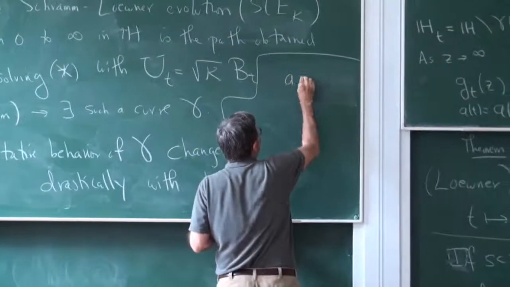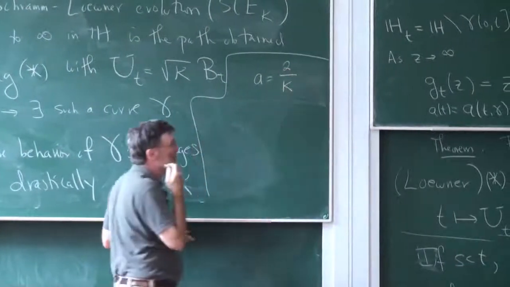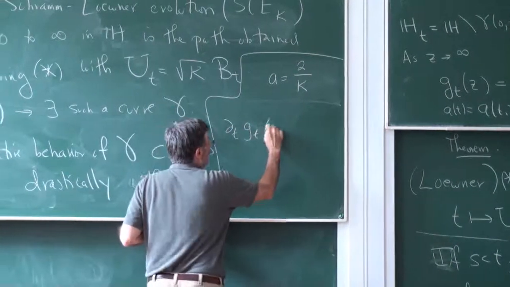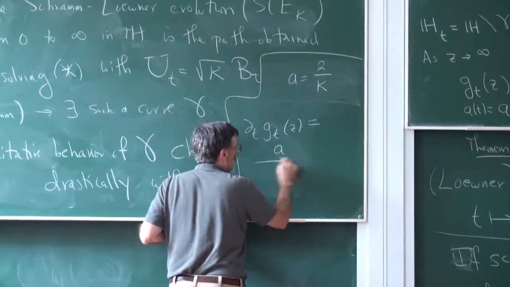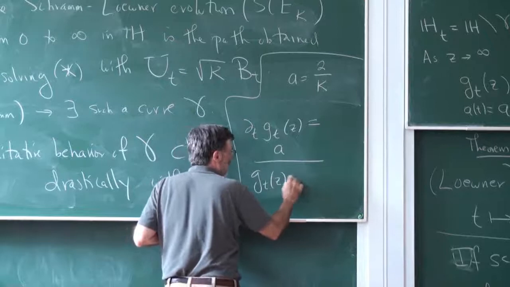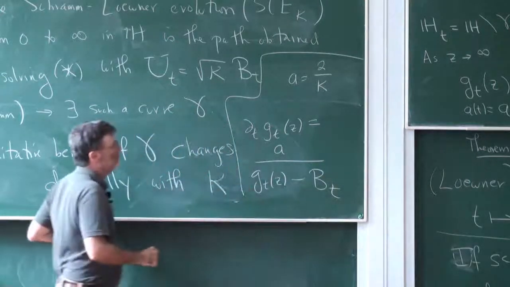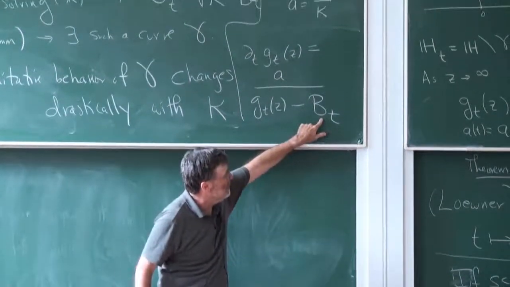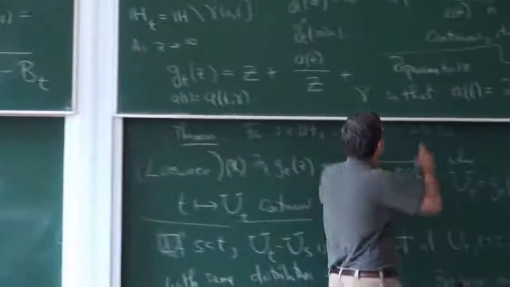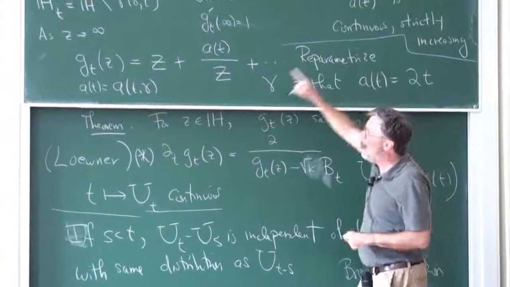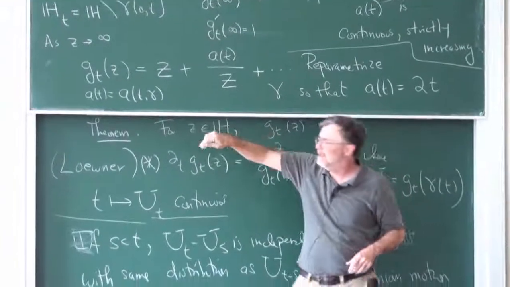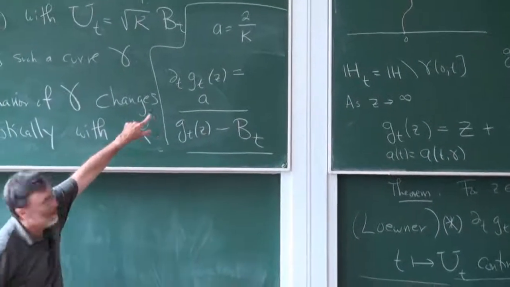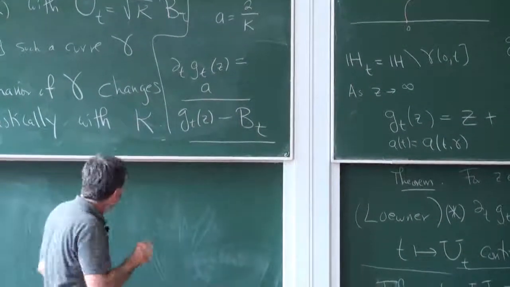I'm going to let A be 2 over kappa, and I'm going to look at this equation. So here, this will be a standard Brownian motion. And what I've done is, instead of A of t growing at rate 2, A of t grows at rate A, which is 2 over kappa. This is an alternative definition of SLE kappa, where kappa and A are related by that.